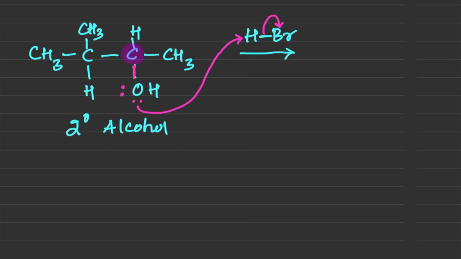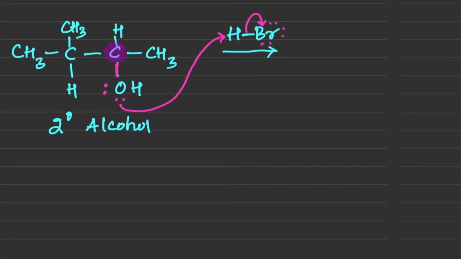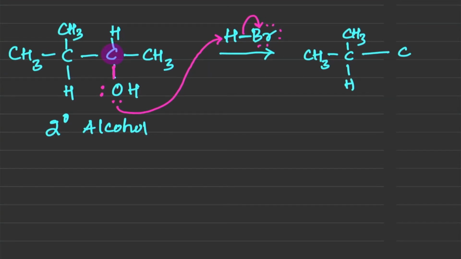Bromine had already 6 electrons. So you will end up making something like this, with OH, and we're going to add an extra H from the HBr.